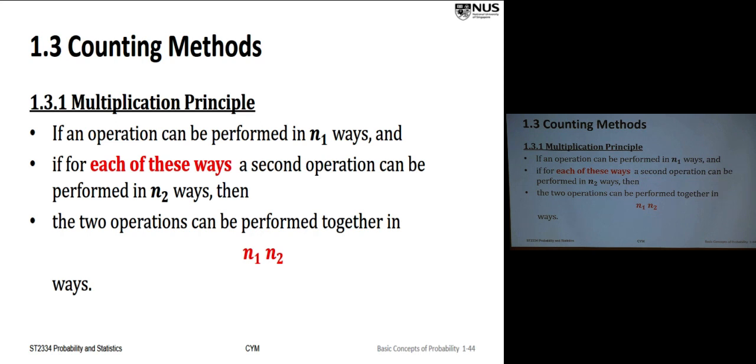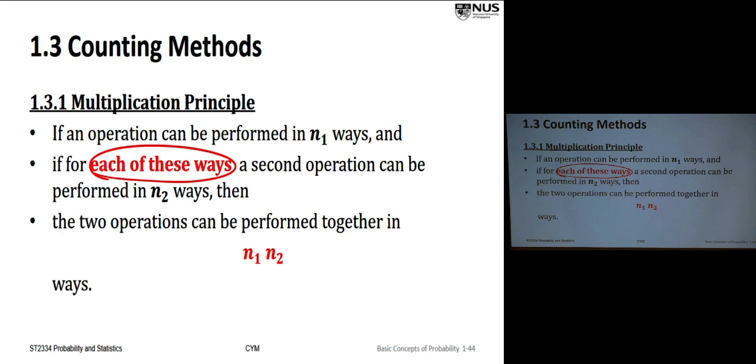So basically, you can think of we try to do things in different stages. So the first stage or first operation, we have n1 ways to do it. And then for each of these ways, it's important that you make sure this condition is met: for each of these n1 ways, there are n2 ways to do things.